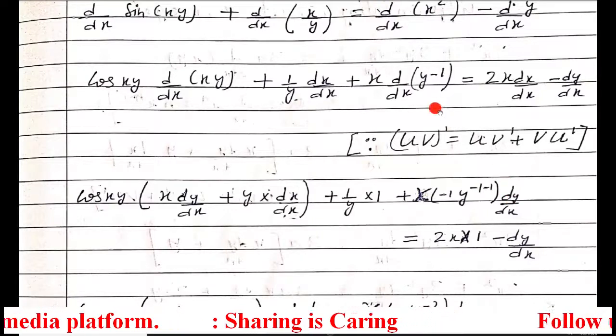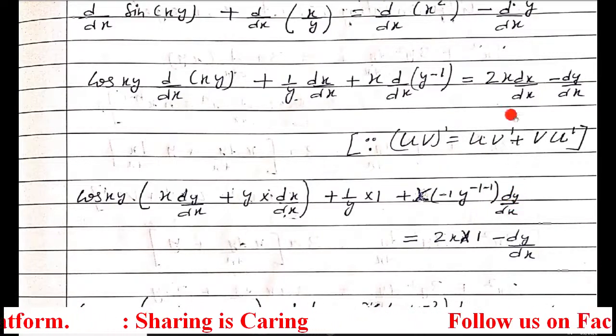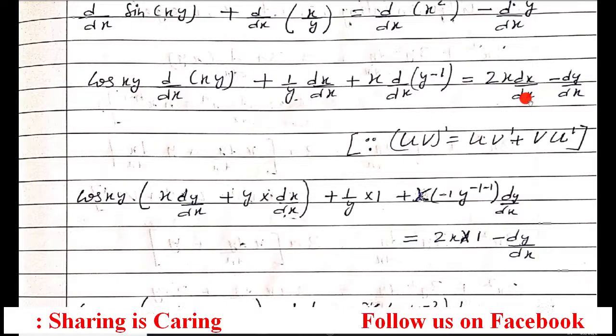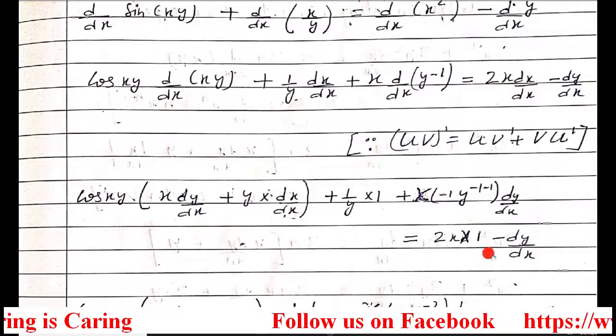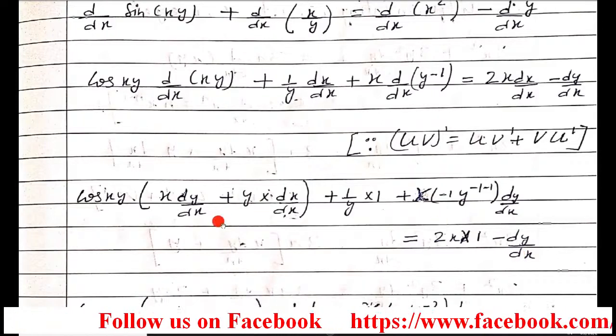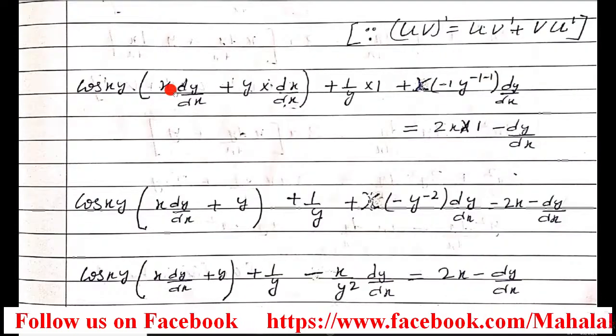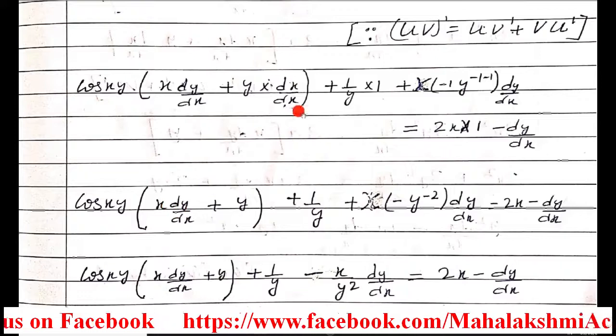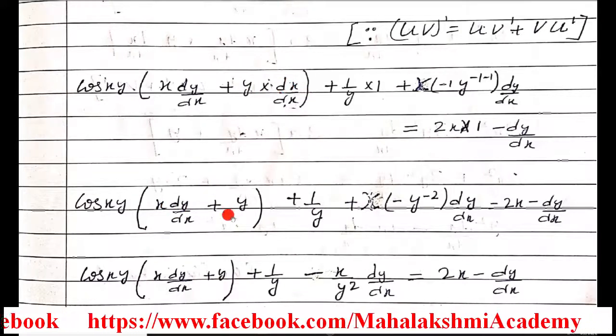According to the chain rule we have to differentiate this y again. Now here dx over dx is 1, so 2x multiplied by 1, and this dy over dx is as it is. Now in the next step, these two terms as they are, and here you will get 1, so y into 1 is y.